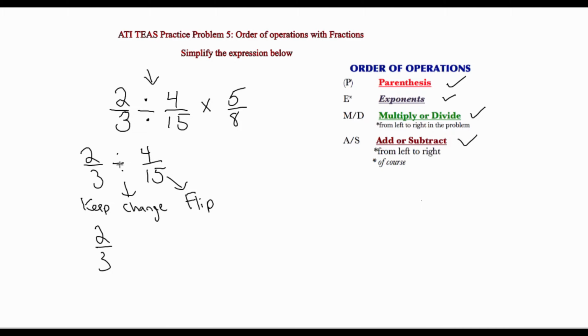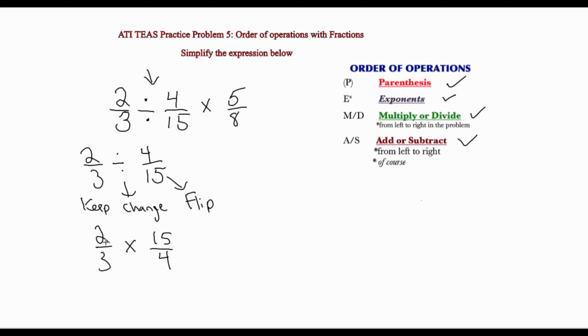You're going to change your division to multiplication, and you're going to flip your second fraction, and it's going to be 15/4. So in other words, your denominator goes on top and your numerator goes on the bottom. You just flip it, which is also called the reciprocal.